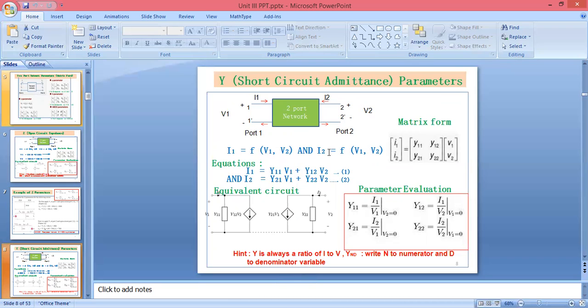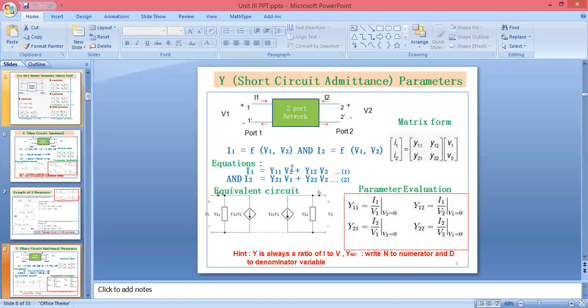You can write this in the form of linear equations, or in the form of a matrix. In the form of equations, I1 equals Y11 into V1 plus Y12 into V2. This is our first equation. And I2 equals Y21 V1 plus Y22 V2.